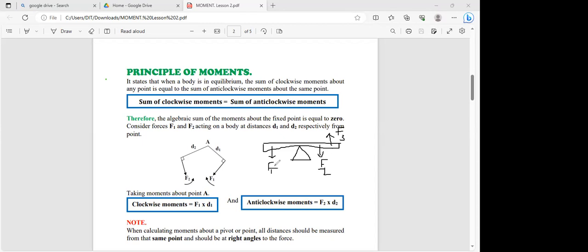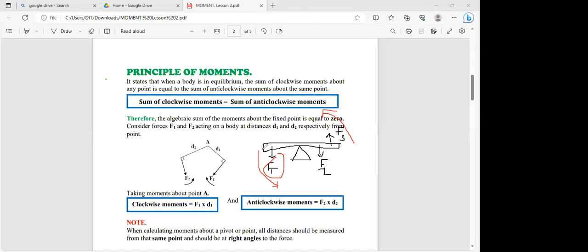Now, if I have F1 as my force, I'm going to assume this force F1 is acting alone on this body. Now, according to what we see, since it's acting downwards, it is going to cause this side to move like this, whereas the other side will be moving in that direction.